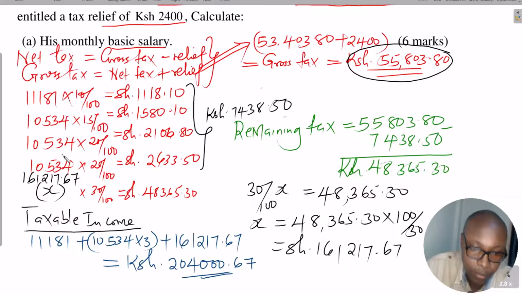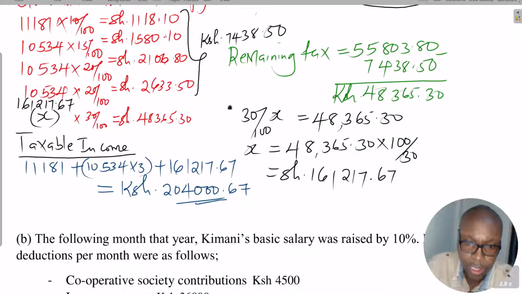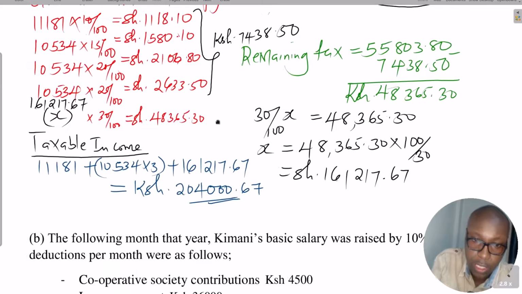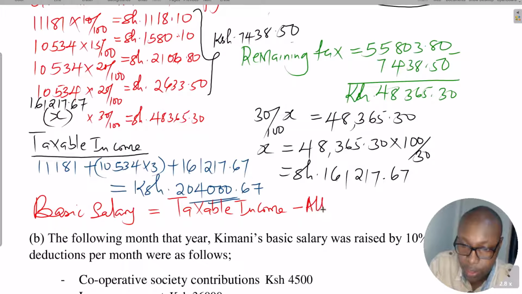This is the taxable income. After doing that, we can get the basic salary, and I want you to note this clearly. The basic salary is obtained by taking the taxable income and subtracting all the allowances.